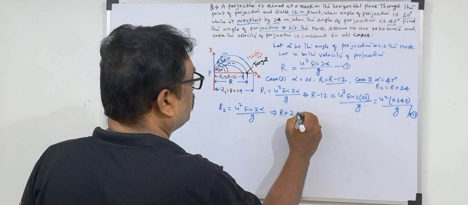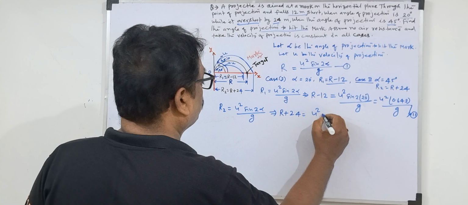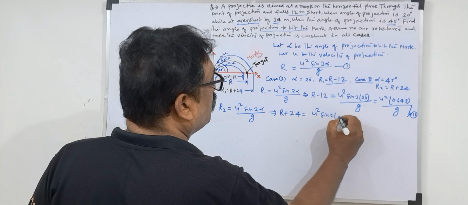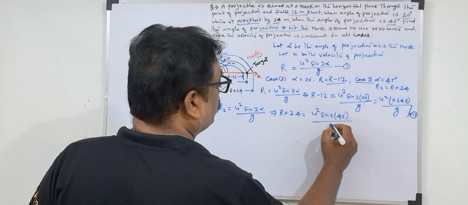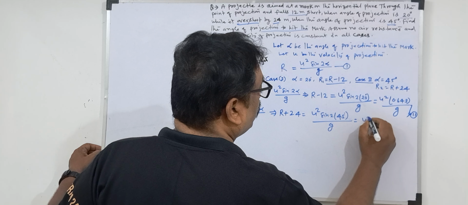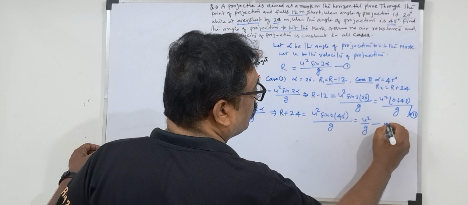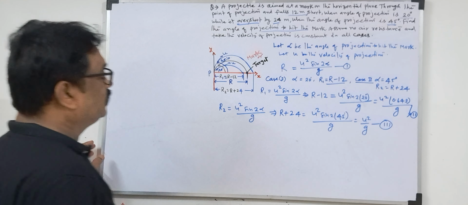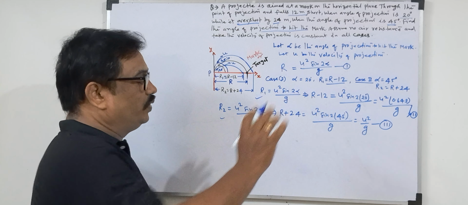So R plus 24 equals u square sine 2 times 45 degrees by g, because the given angle is 45 degrees. So sine 90 degrees is 1, so it will come u square by g. This gives equation number 3. So both case 1 and case 2 are written.